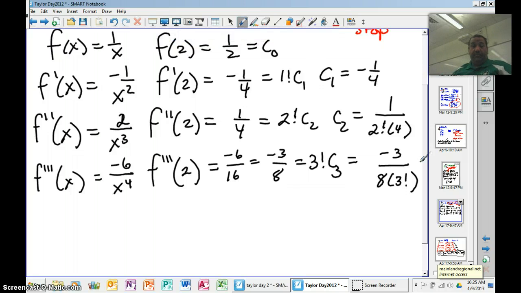Now it didn't ask me for the general term. I'll give it to you, and not all the time can you find a general term. But let's see what we got here. So we have 1 over x equal to, well, c of 0 is 1/2.